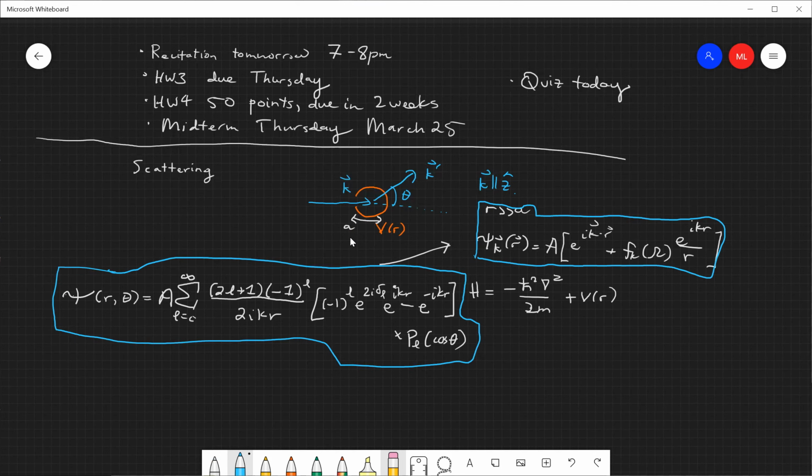So by comparing the solution to the Schrodinger equation without a potential to this form, we're able to match the different pieces together and rewrite our solution in this form, where these various pieces came from expanding the plane wave in spherical harmonics, and we saw that the phase shifts are related to the expansion of this scattering amplitude in terms of the spherical harmonics.